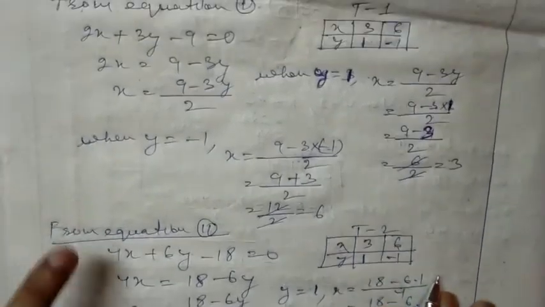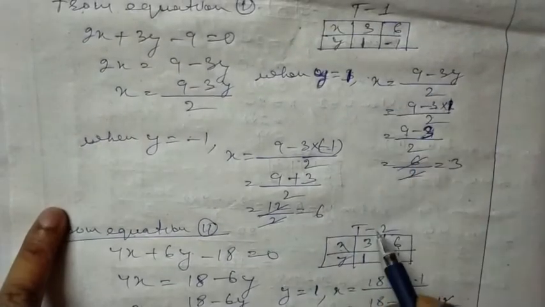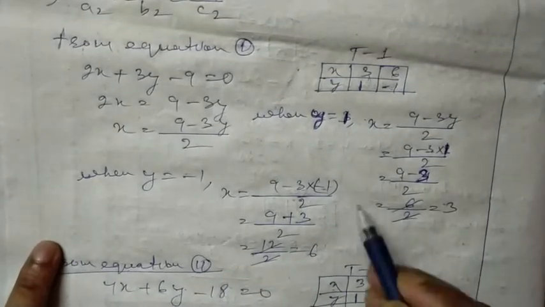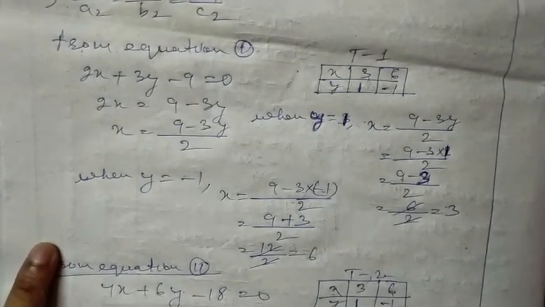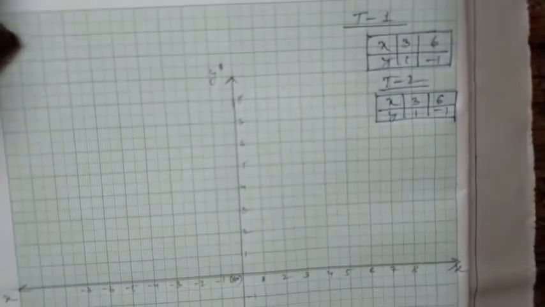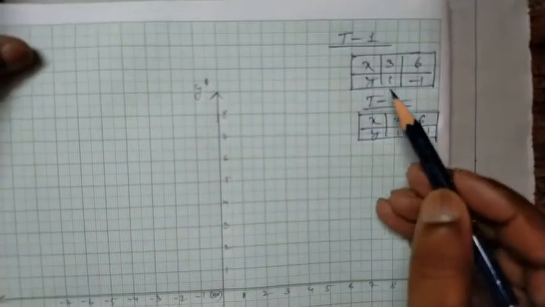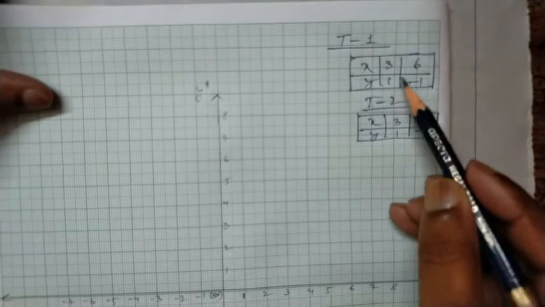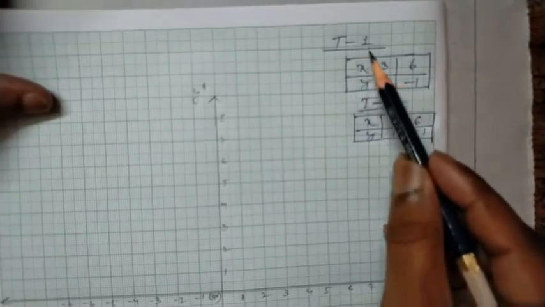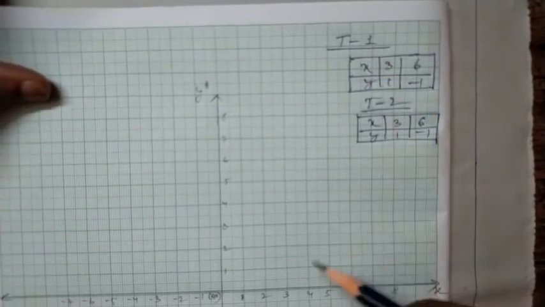So we have got table 1 and table 2 both. Now we are going to draw these two tables, and the coincident lines, on a graph paper.